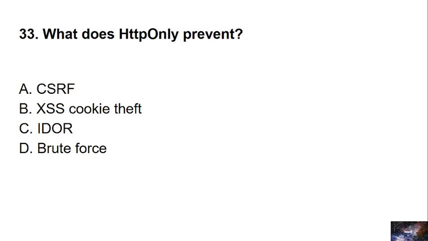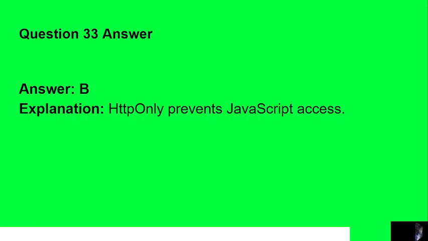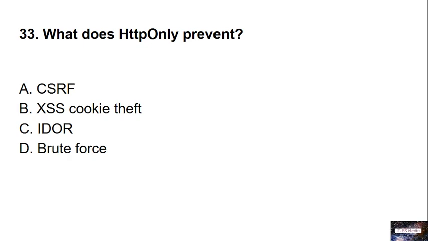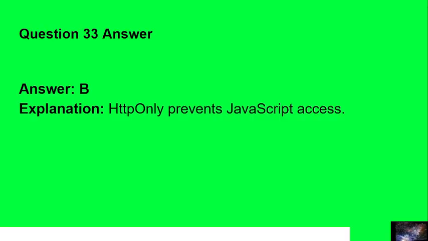Which one does it prevent? HTTP only. What is your option? The answer is B. It prevents JavaScript access. That is cross-site scripting, cookie theft. Okay, B is the answer.